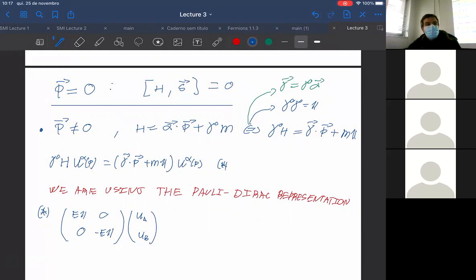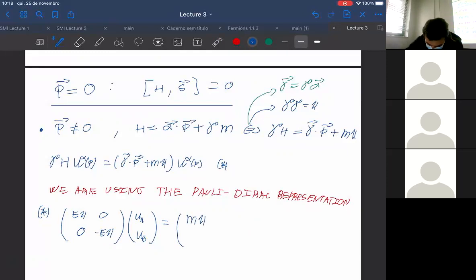Yes, u_A and u_B. Let me write this more neatly. This is u_A, and this is u_B. And this is equal to, on the other side, the mass, which is the diagonal part.